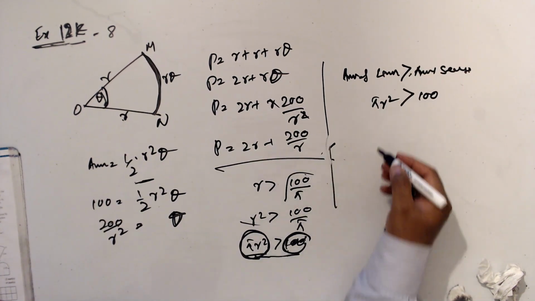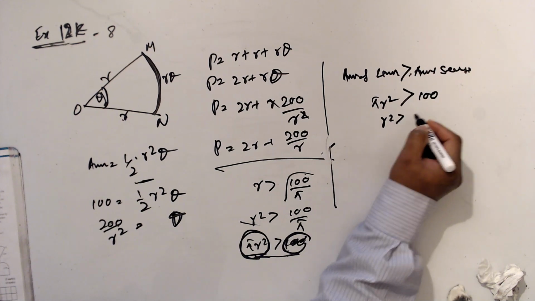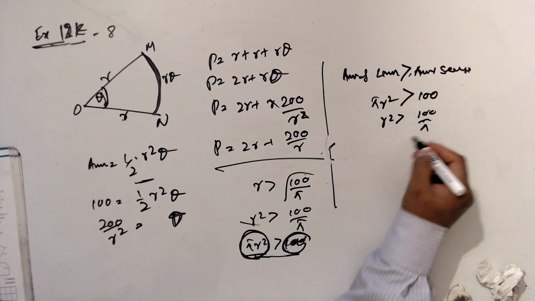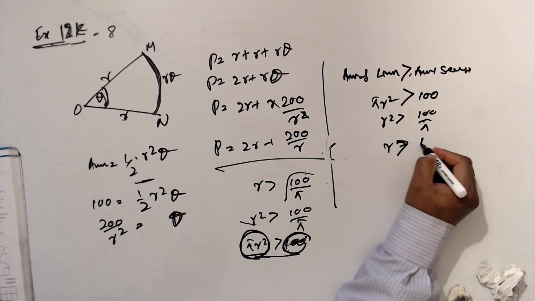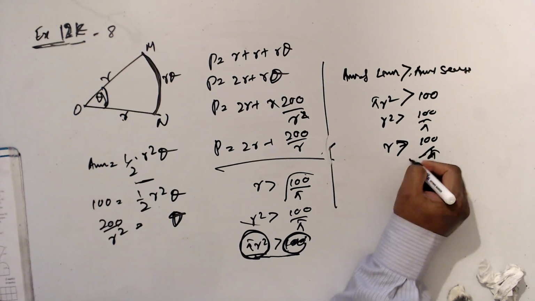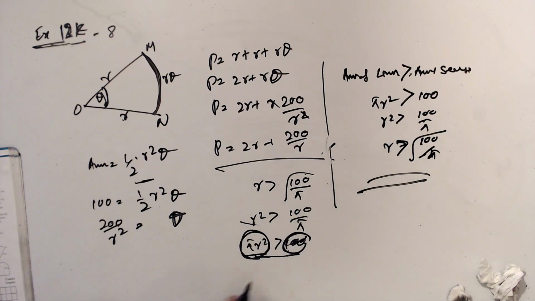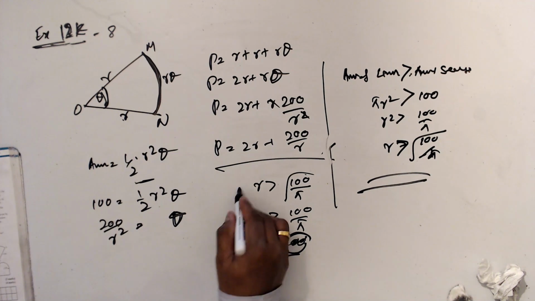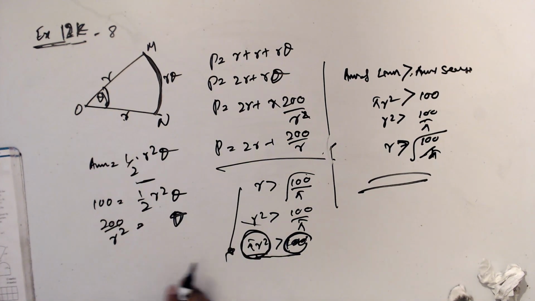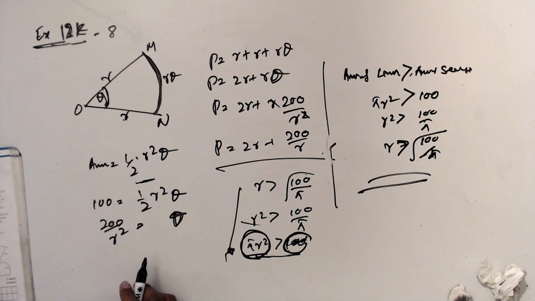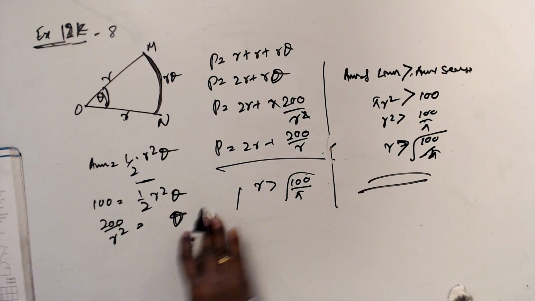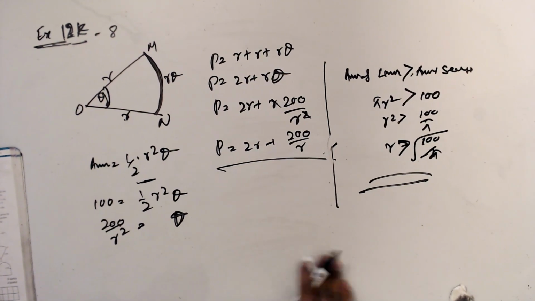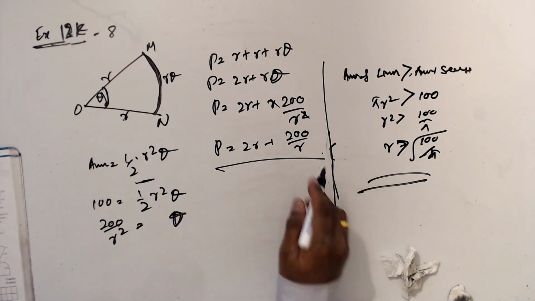Now we work the other way around. r squared greater than 100 over pi. So r is greater than the square root of 100 over pi. That's how I'm jotting, I just look at what is going on. Go backward and see. Then erase this one and write it nicely.